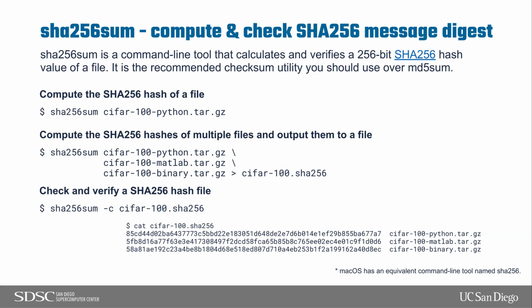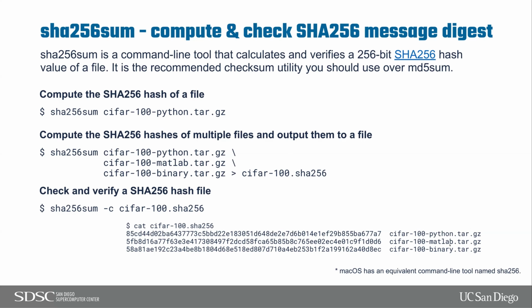And these tools, this SHA-256 sum command line tool and the MD5 sum command line tool, are standard tools that you'll find installed on every Linux, Unix-like operating system that you'll interact with. The one thing that I will note for Mac OS users is, I don't know the reason for this, but their SHA-256 and MD5 tools don't include the sum part at the end of the name.